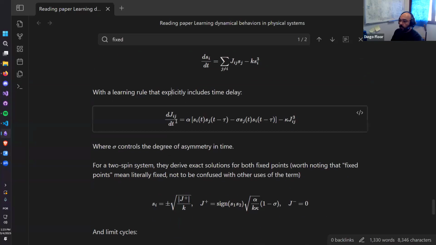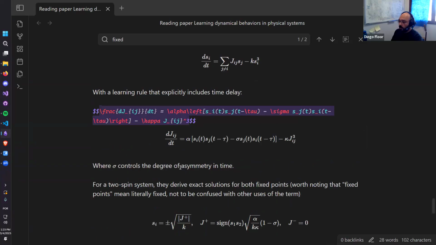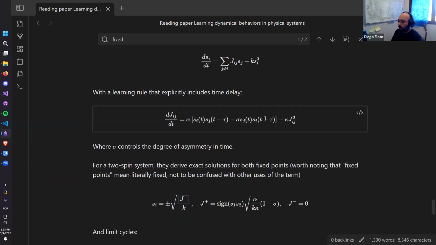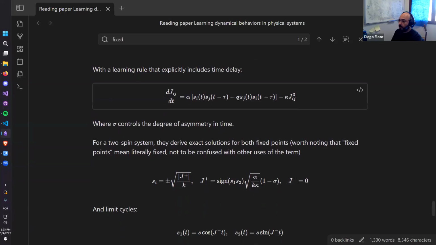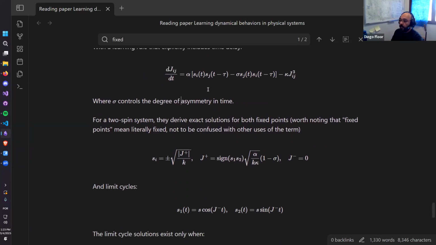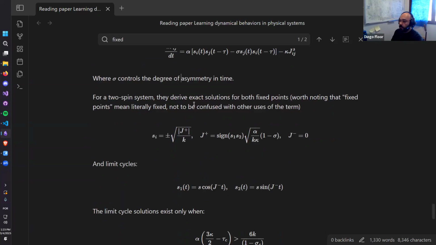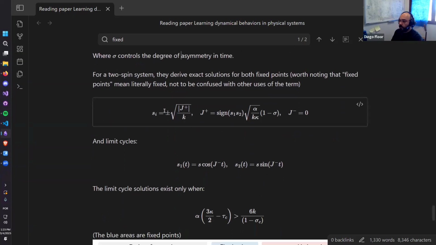But fine, we do have a learning rule, and again we have the learning rule with a time delay. But this time they also introduced the sigma, which is a parameterization of the asymmetry. So if it's one, it's completely asymmetric. That's the point. They do the whole derivation and come up with the exact solutions.